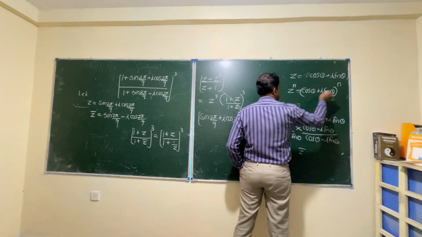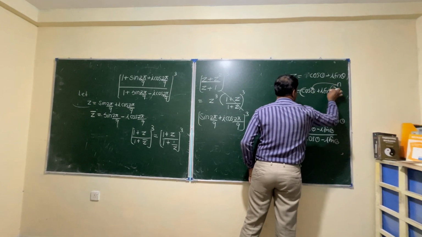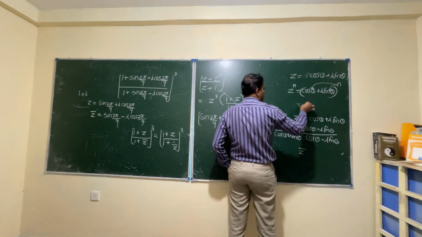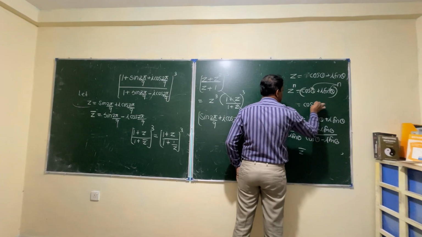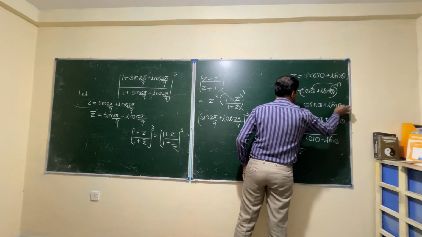De Moivre says, we can have the proof in the theory class, the power n goes onto the angle: cos n theta plus i sin n theta.